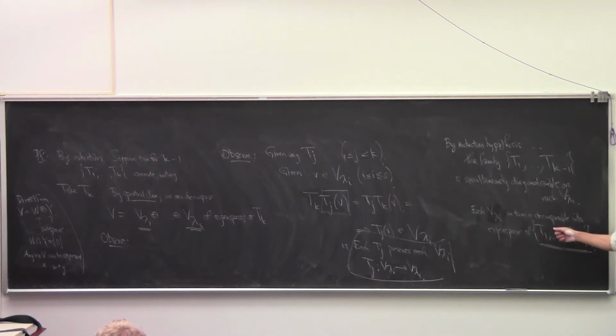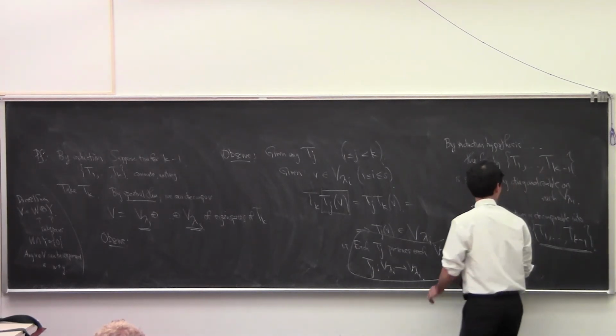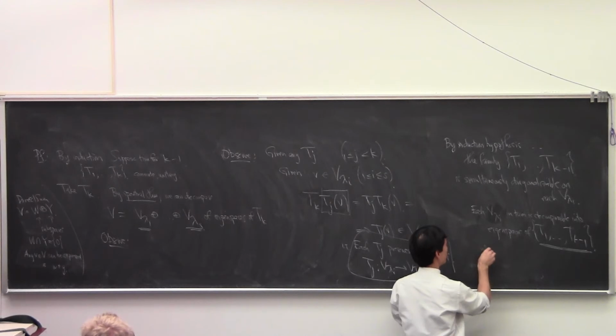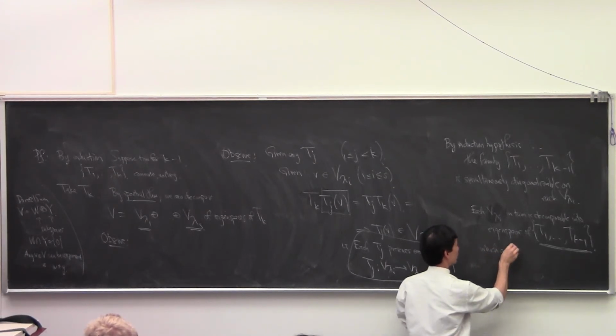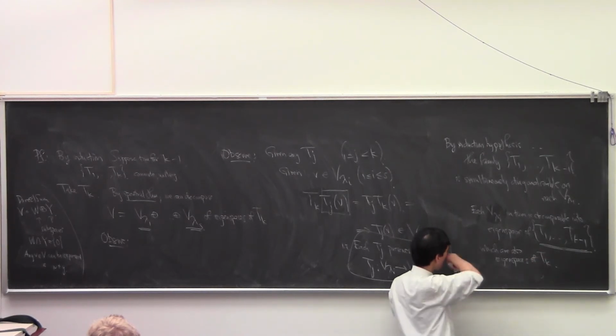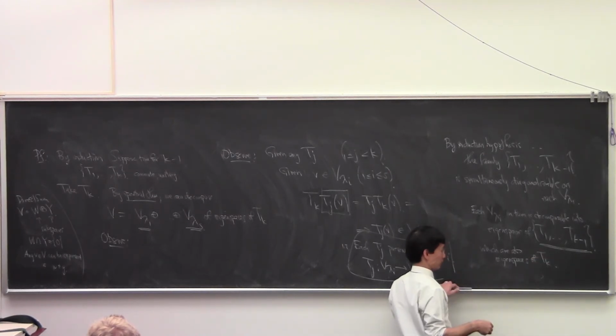Okay, and in other words, you can simultaneously diagonalize all of them. Okay. So into eigenspaces of the first k minus 1, which are also eigenspaces of Tk.